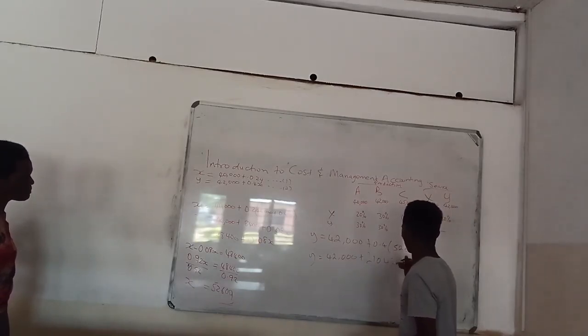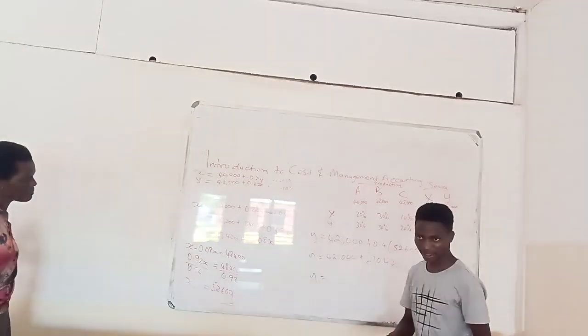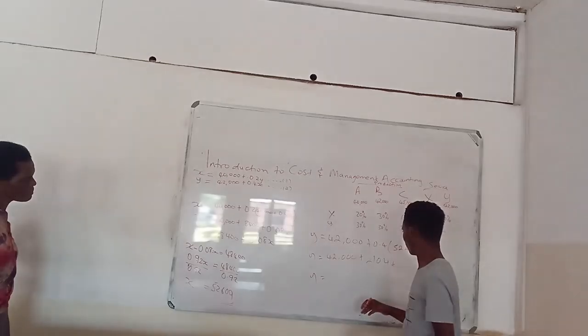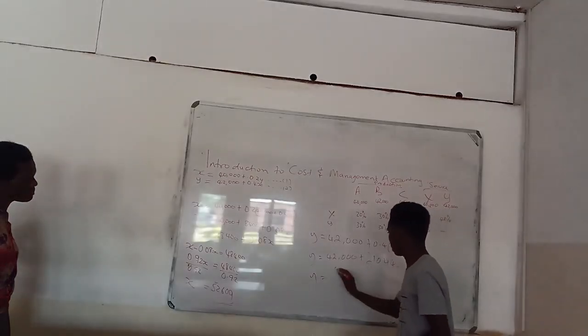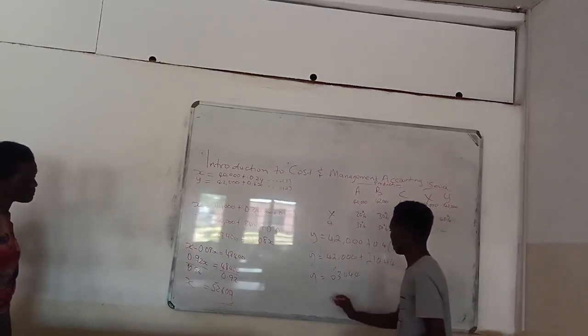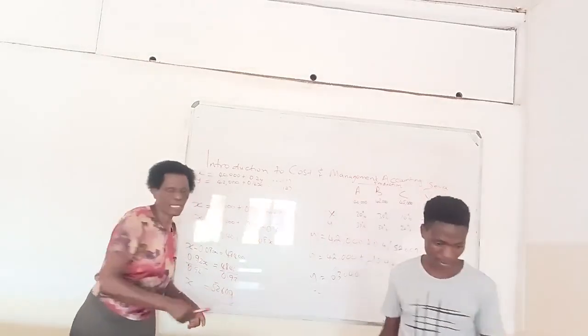So we can just do this here. 4, 1K44. Add these two. 63,000. Yeah, 60,000. 0.4. That's our figures that Y has and X has.